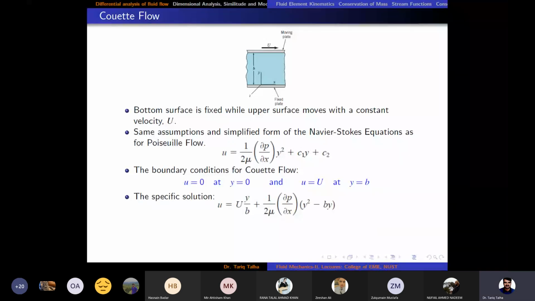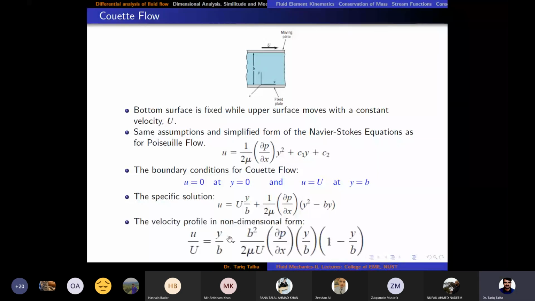We have just derived this on the whiteboard that u of y is equal to U y upon b plus 1 upon 2 mu partial p by partial x (y square minus by) dy, and then the velocity profile becomes, in the non-dimensional form, as I mentioned, something that can be derived with a maybe 1-2 minutes job. You can do it as it is quite easy.